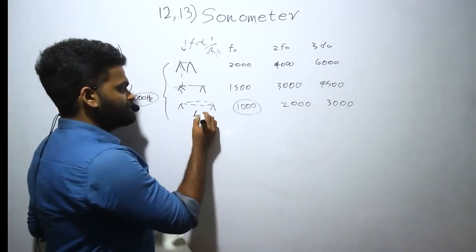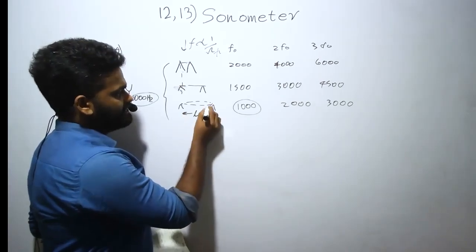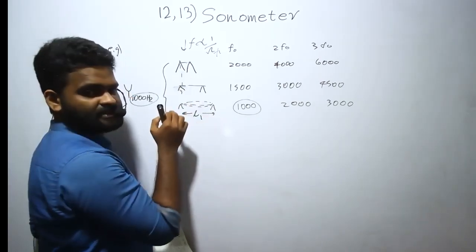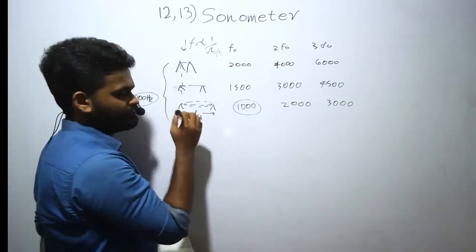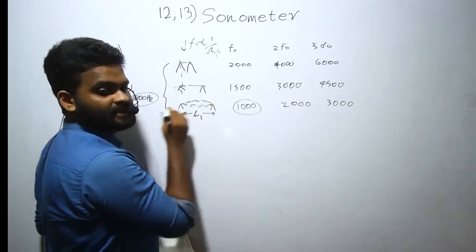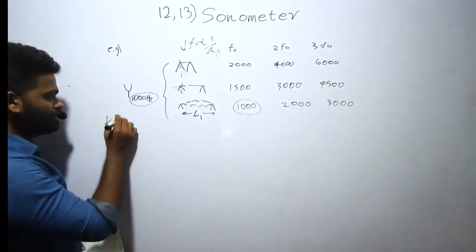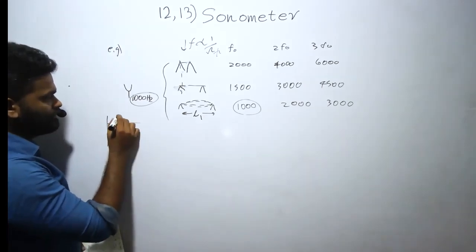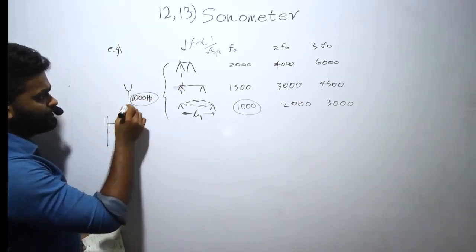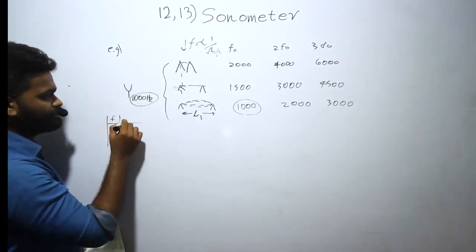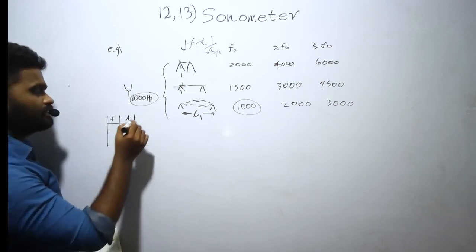Then you mark this length. This is the resonating length. Earlier ones are not resonating lengths, those are just lengths. Then the frequency and the length.